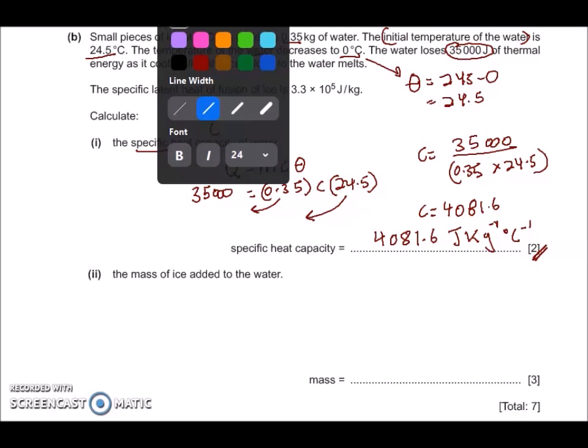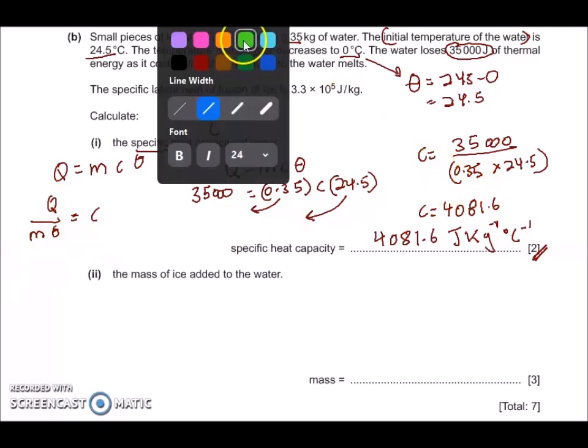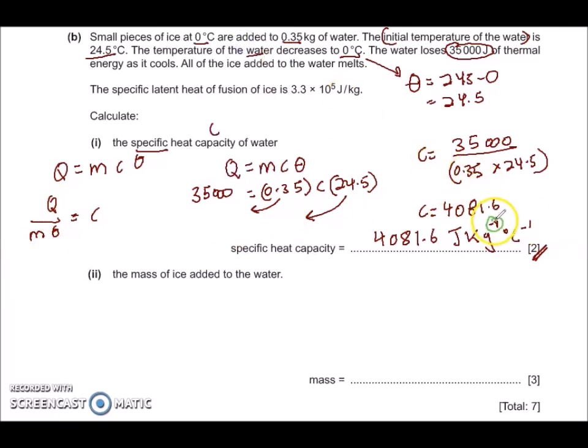Okay, now a further explanation regarding the units over here. So we just put there mc theta. You want to find the C, right? So this is the energy over mass theta. So if you notice that the mass and the theta here, you are bringing it above. So when you bring it above, yeah, you will have this -1 and -1 because it's at the bottom here.